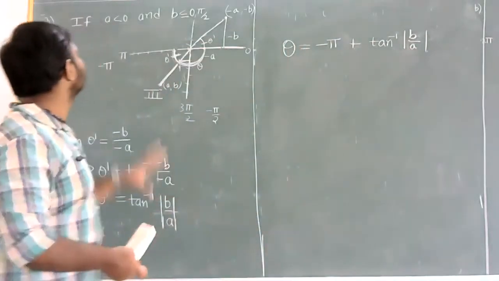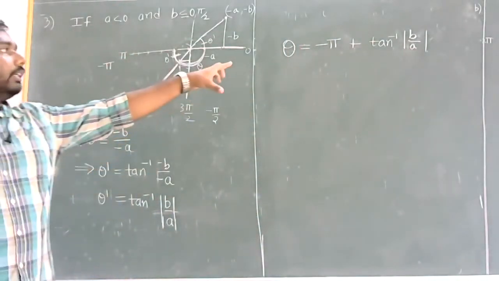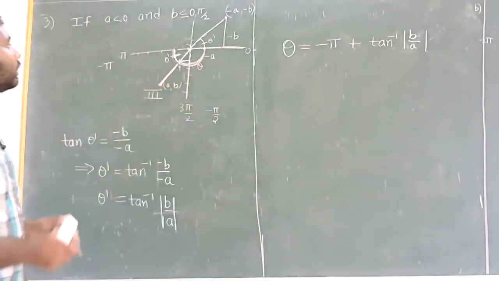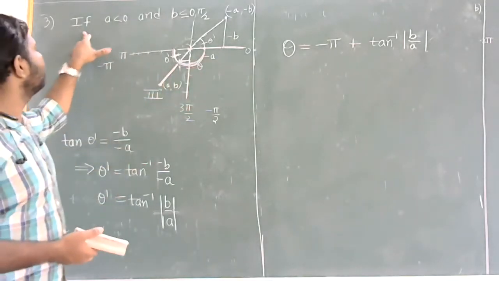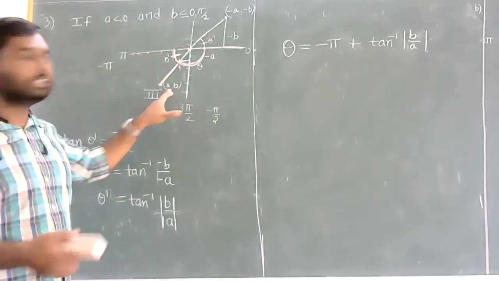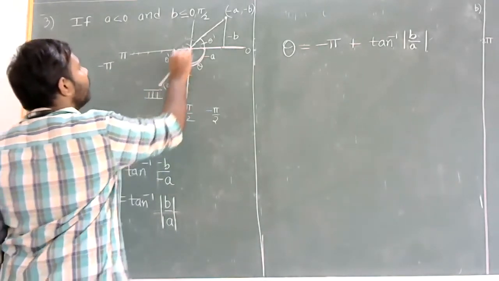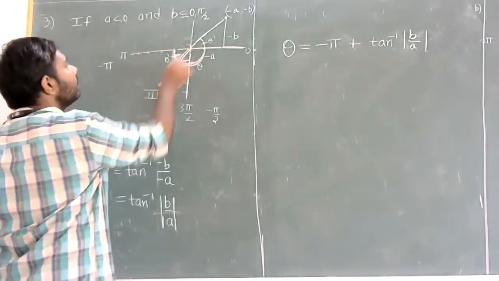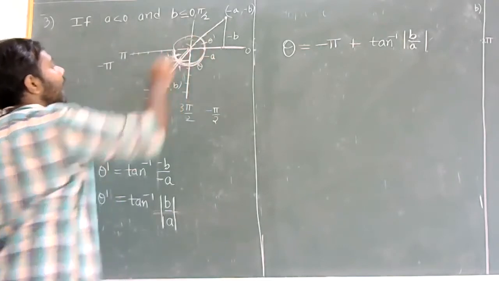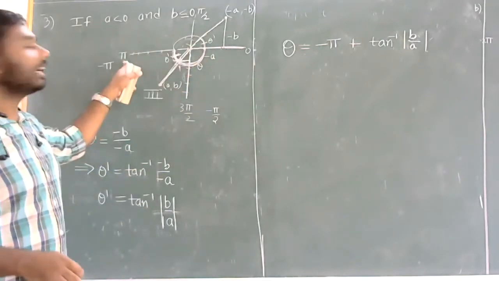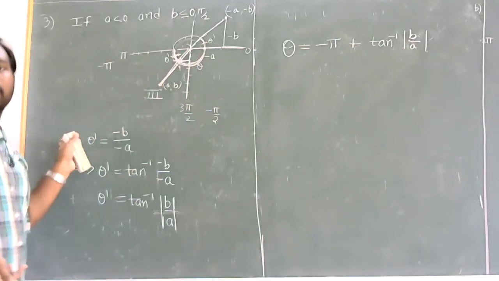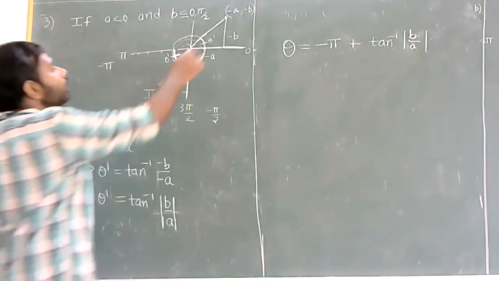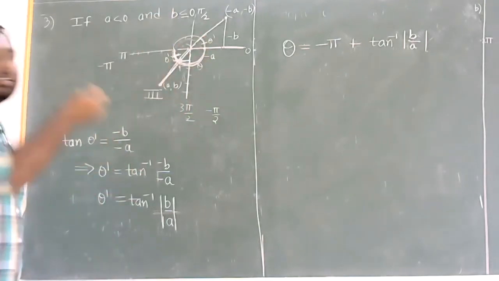So in calculating this value, what I have done here is, we have taken the point in the third quadrant. By joining these two points, we get this line. If we measure the angle in the anti-clockwise direction, the angle exceeds pi, so we will not get the principal value. So we will go in the negative direction.